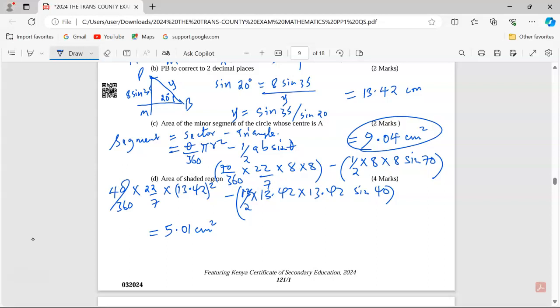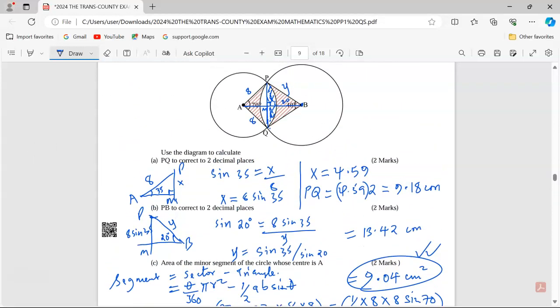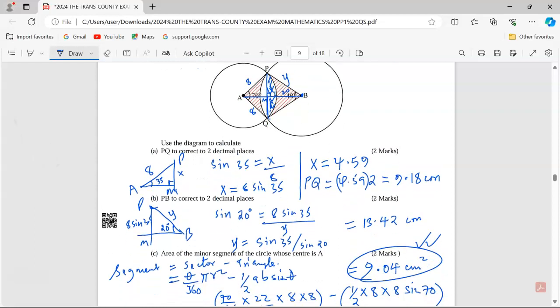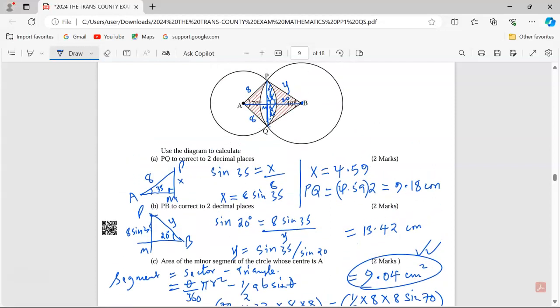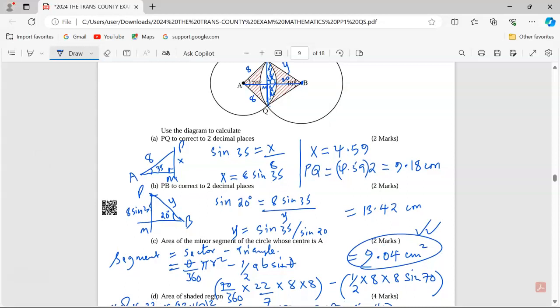So this is the first minor segment. This is now the second minor segment. With the two minor segments, we can subtract them from the area of the whole kite. Therefore, I'll be talking of the area of the first triangle plus the area of the other triangle.